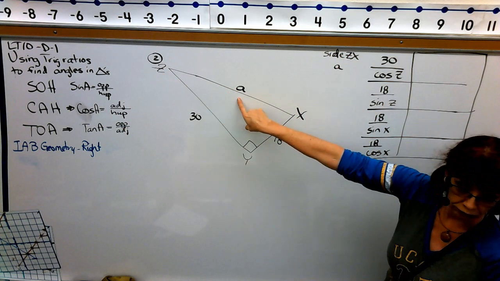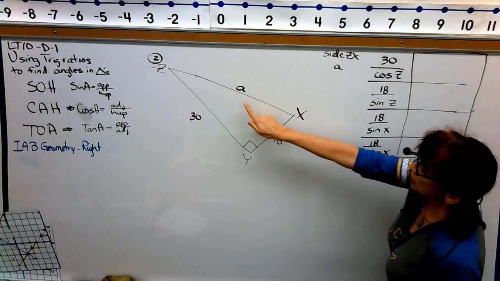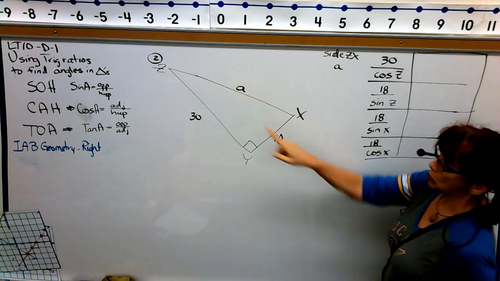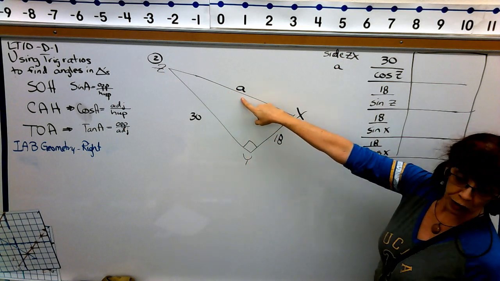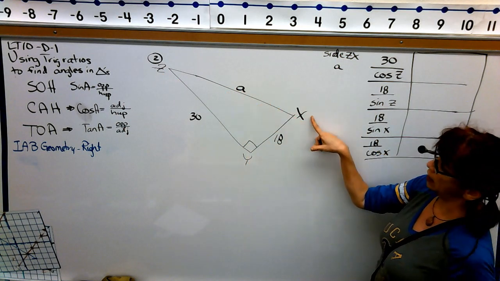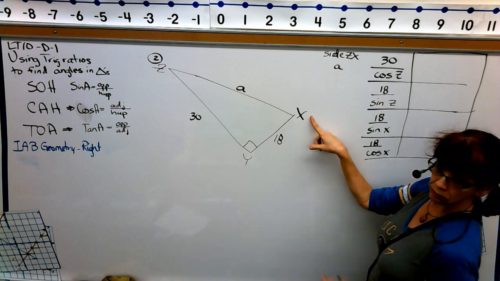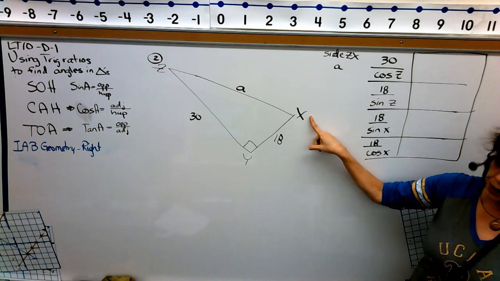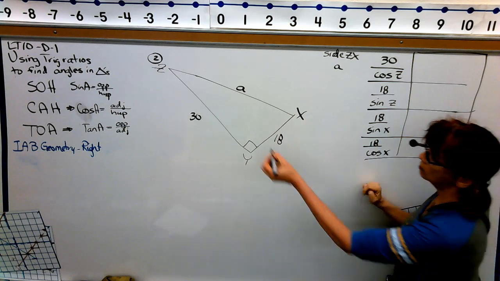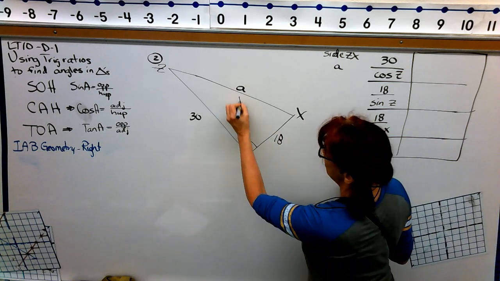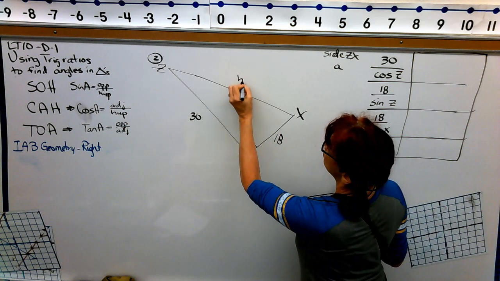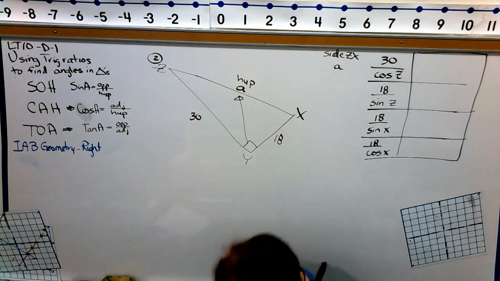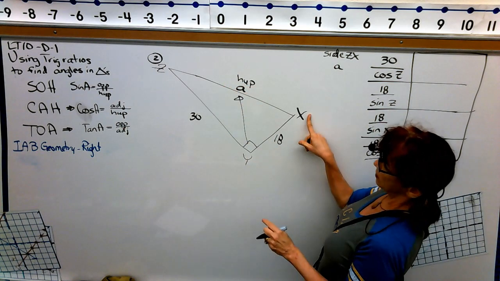If we're standing here at angle X, what's A? It's the hypotenuse, right? Because it's opposite the right angle. It's actually always the hypotenuse. If we're standing here at angle X, this is the opposite, and this is the hypotenuse, right?